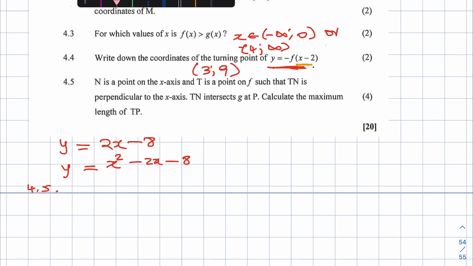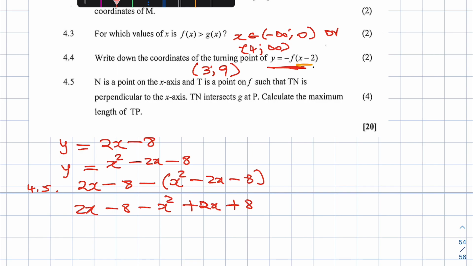It's 2x minus 8 minus, put a bracket because you're separating more than one term, x squared minus 2x minus 8. Simplify, it's 2x minus 8 minus x squared plus 2x and then plus 8.